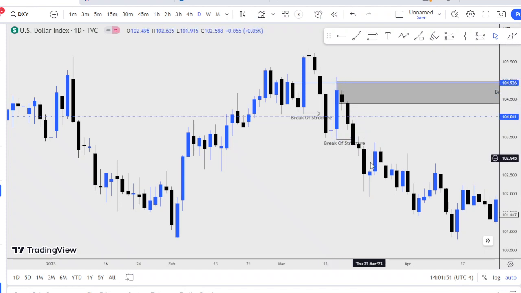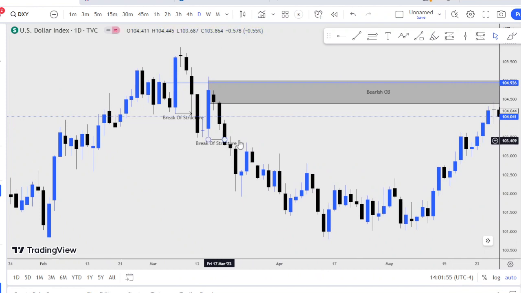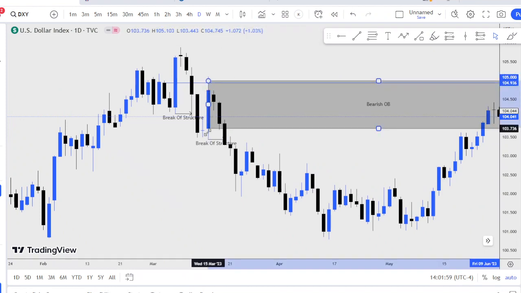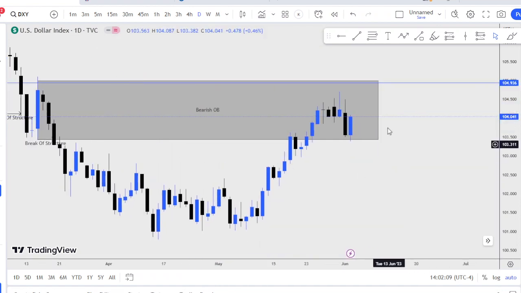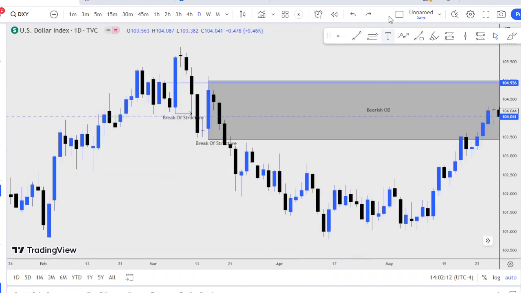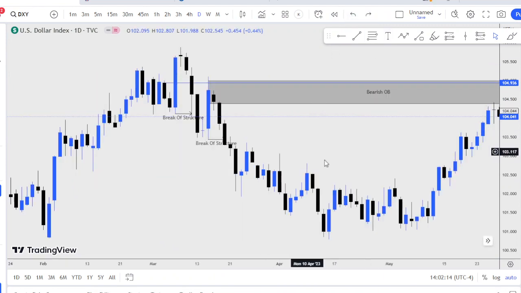Then there was also a break of structure to the downside, which saw no retracement by price in that area, because with the daily time frame, this was our bearish order block. You can see there was no candle that retreated back to this bearish order block in the daily time frame, apart from what we are having right now.